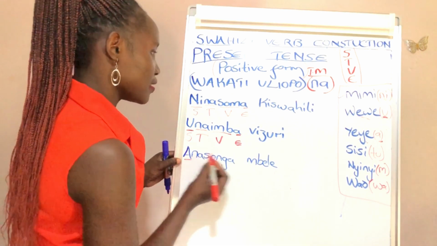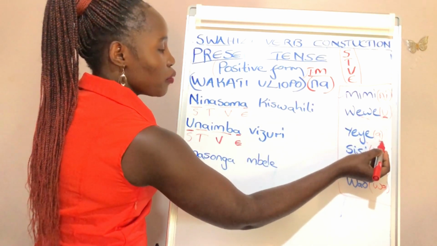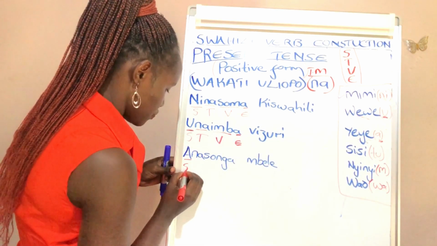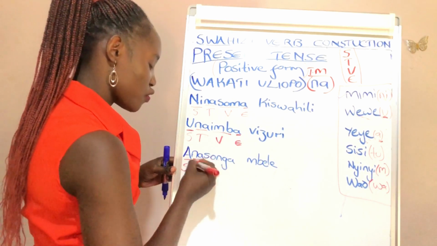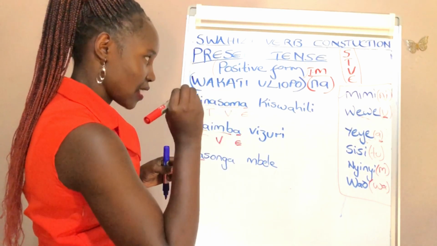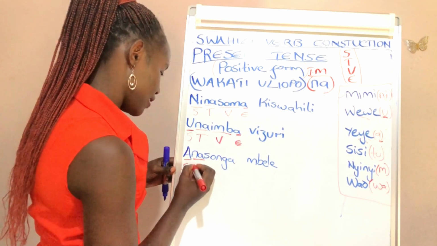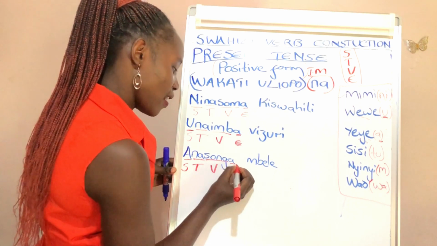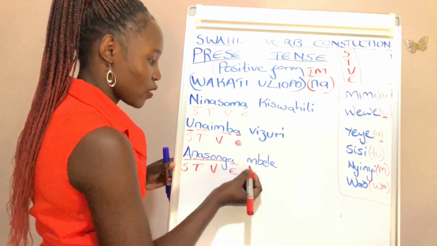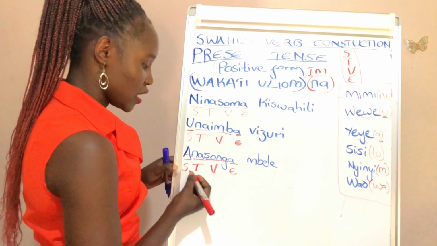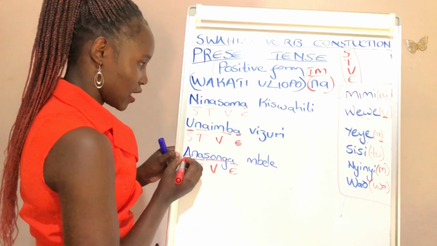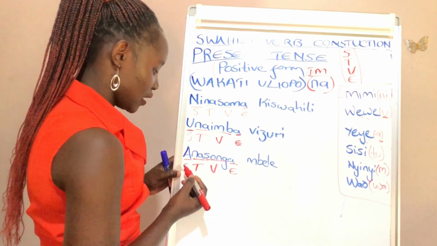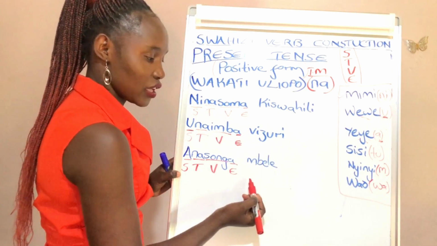So a is our subject prefix for personal pronoun yeye, na is our present tense marker here, and then song is our verb root, and then a is our verb end. Anasonga mbele. To mean he or she, remember we said yeye is either he or she, so he or she is moving ahead.